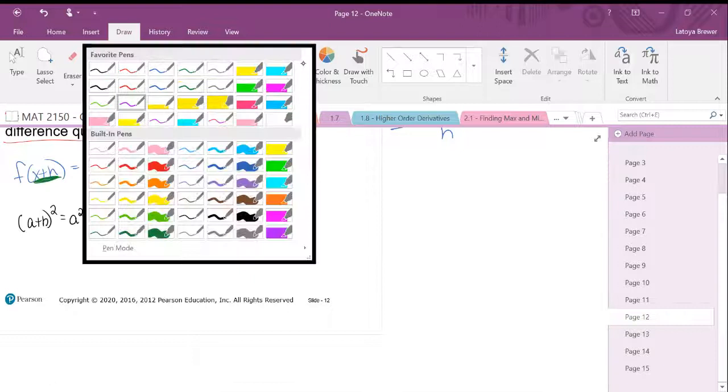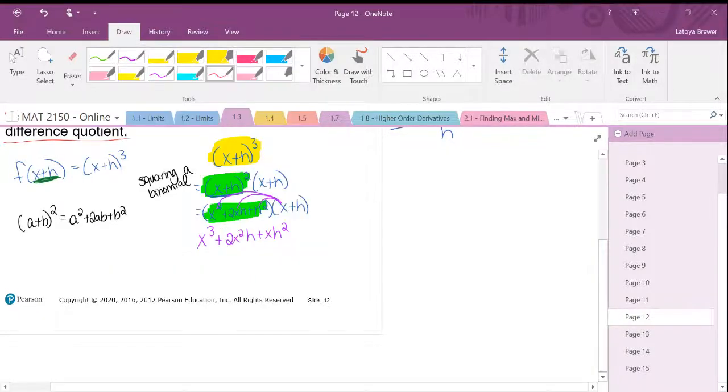Then I'm going to come back and multiply, let's use pink, everything by that h there. And I like to stack my common terms, my like terms, so that I can combine them really easily. So if I multiply h times x squared, that's going to give me x squared h.